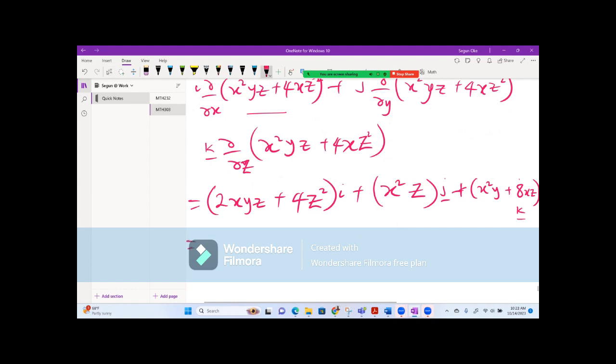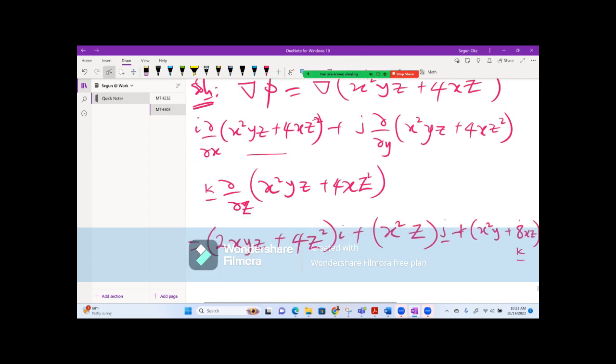Yes, somebody asked a question. Go ahead. Please, I am lost. How do we get the x squared? Okay, let's go back to it. This is what we asked to differentiate with respect to what? y.